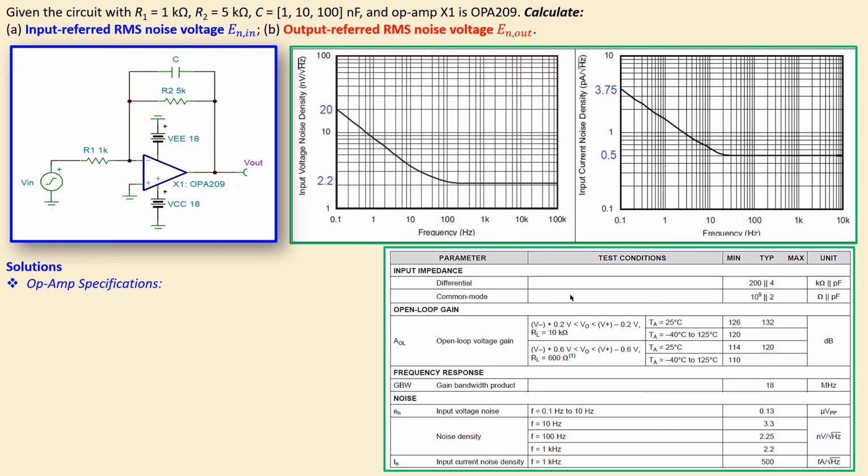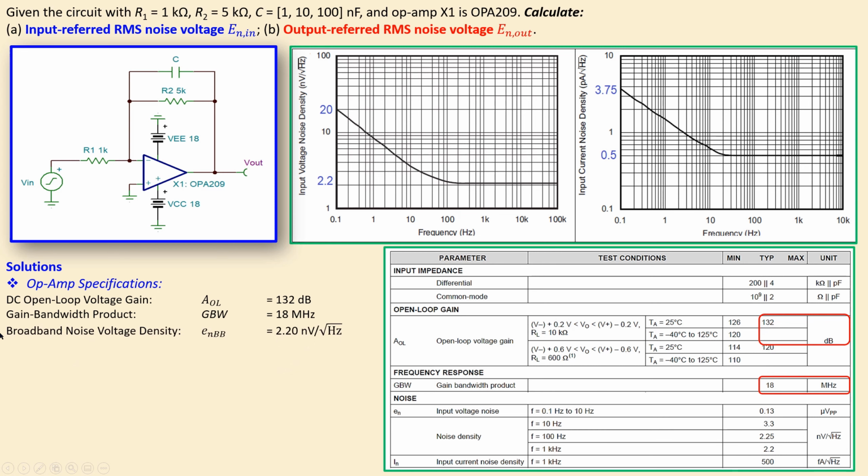What you see here first is the DC open loop voltage gain, which has a value of 132 dB. It's also shown here in the table. What you also have is the gain bandwidth product, which is a very important parameter in the noise analysis. It has a value of 18 megahertz for this op-amp, and it's also shown here in the table.